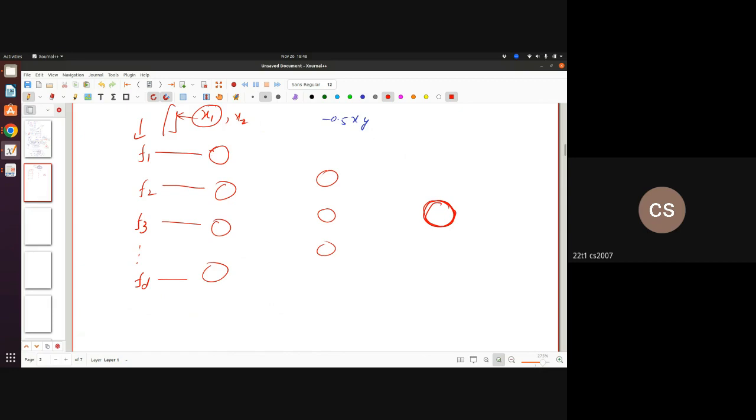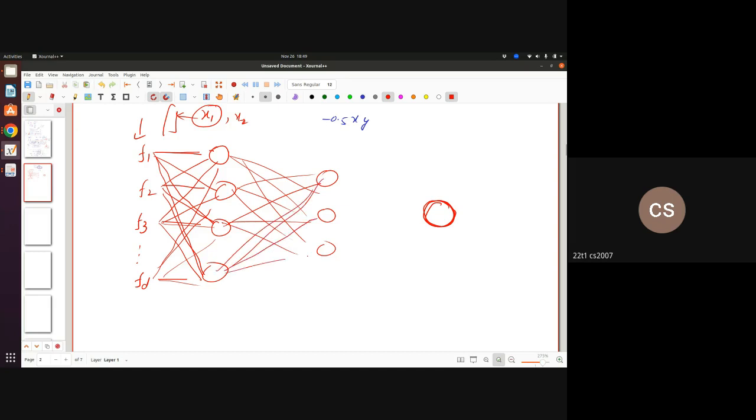So this is the input layer. This F1 will be connected. This is a fully connected one that we are talking about. There are several variants of neural networks. For now, we'll look at the fully connected one. So F2 will be fed as an input to each of the neurons in the next layer, and so on and so forth, right? Again, this will be connected with all the further neurons.